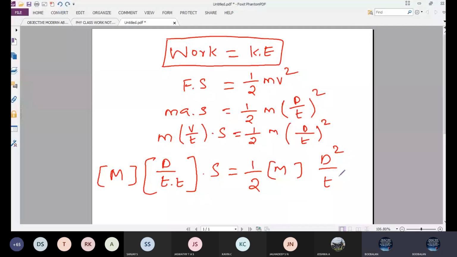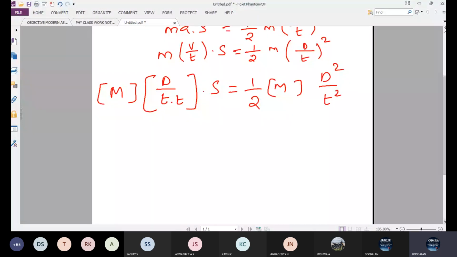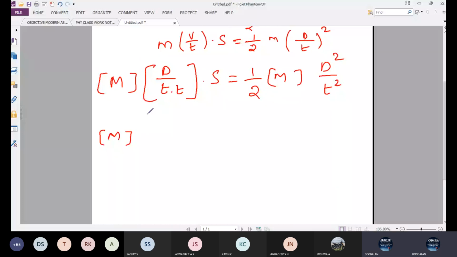Listen. No need to copy. Everyone listen. Mass M. Displacement means it is based on measurement of length, so you should write L. Time t square.